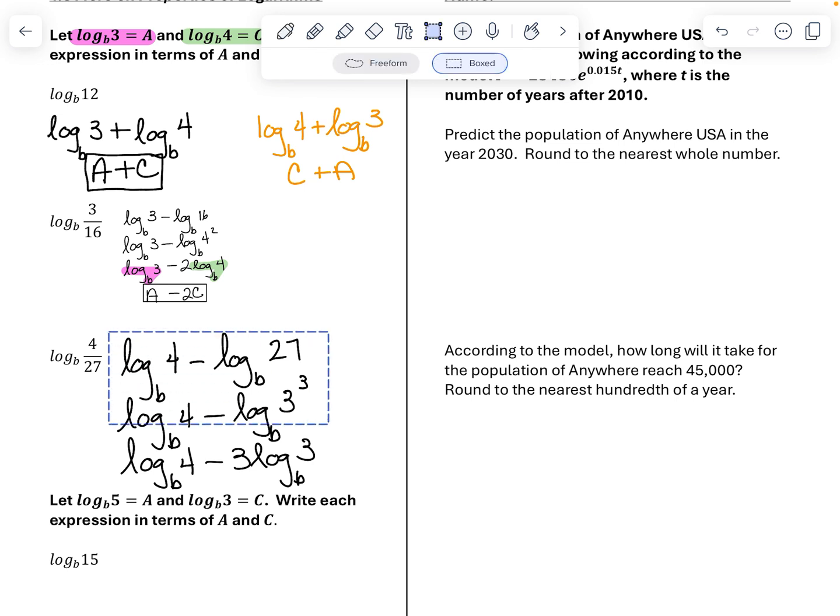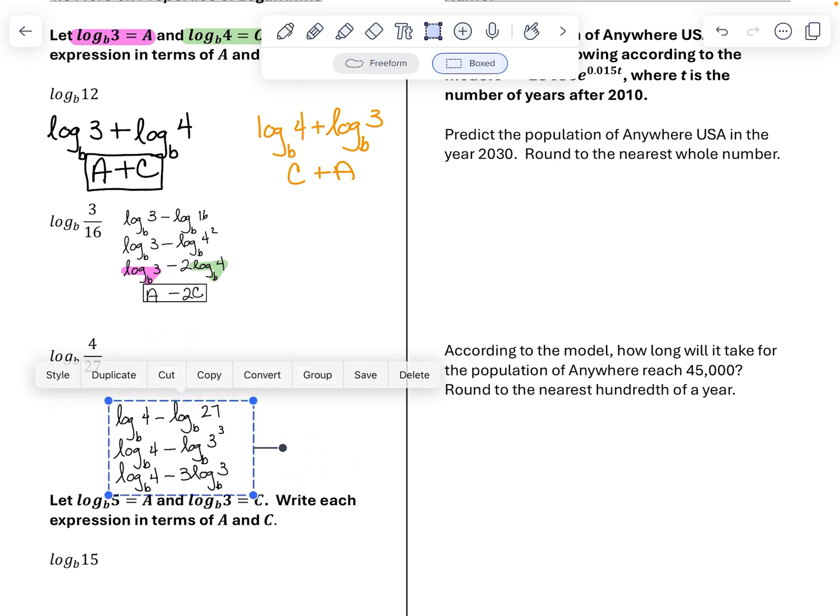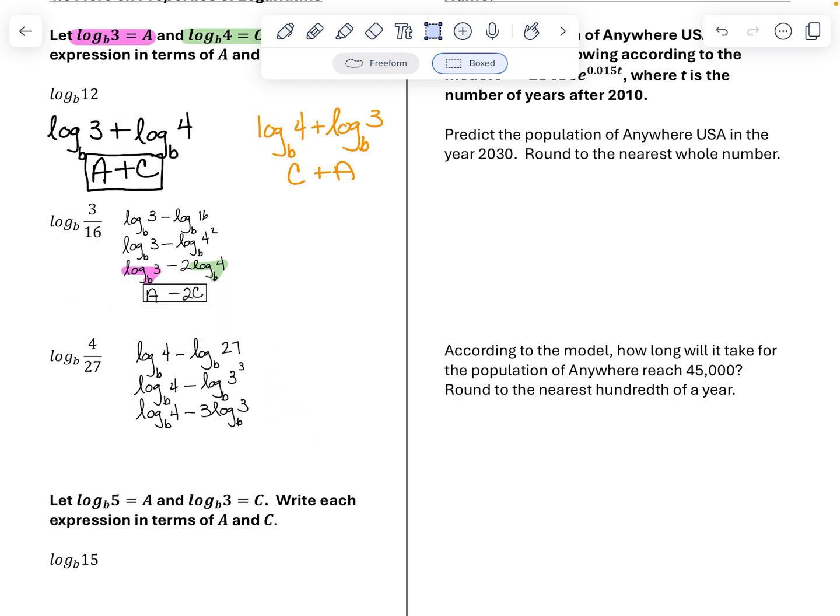And let's make this a little bit smaller so I have a little more room to write. And log base 4 is representing the letter C. Minus 3 log base B. 3 is representing A. So our answer would be C minus 3A.